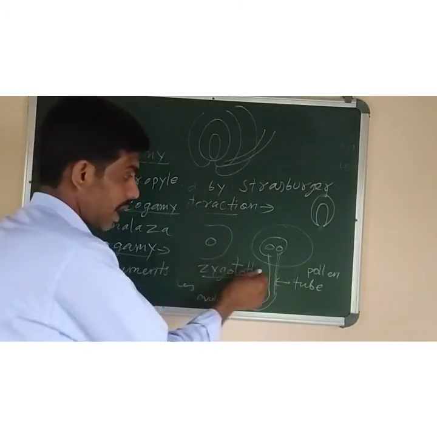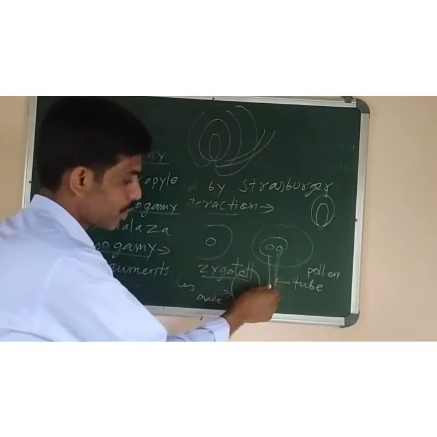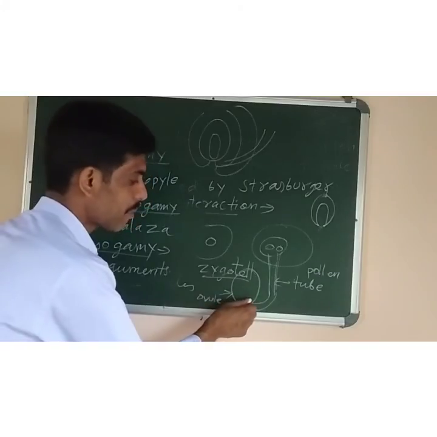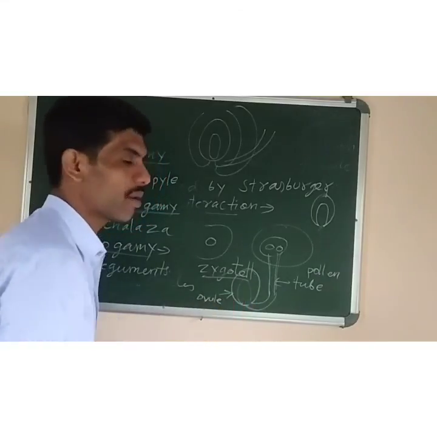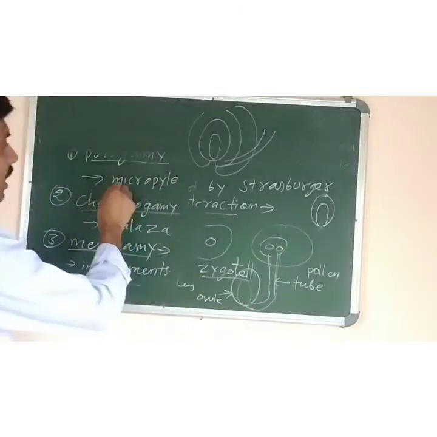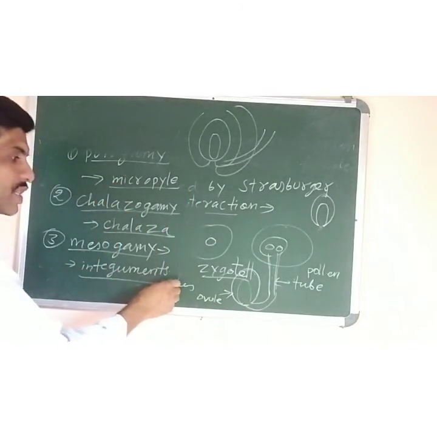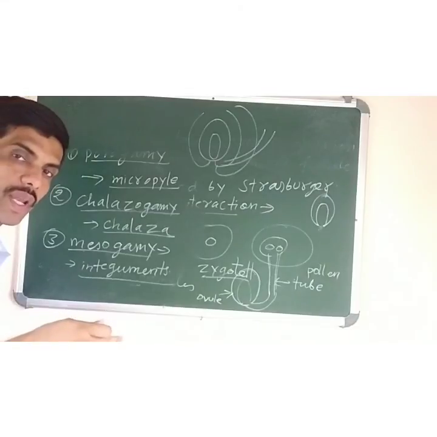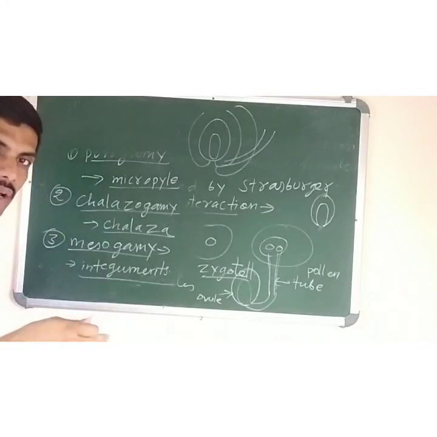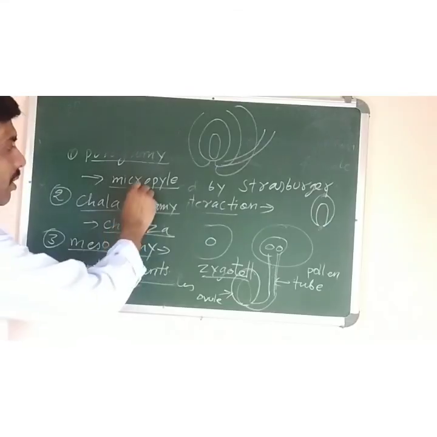So ultimately this pollen tube must enter inside the embryo sac through the micropyle only. Whether they enter through micropyle or through chalaza or through integuments, finally the pollen tube will enter the embryo sac through the micropyle only.